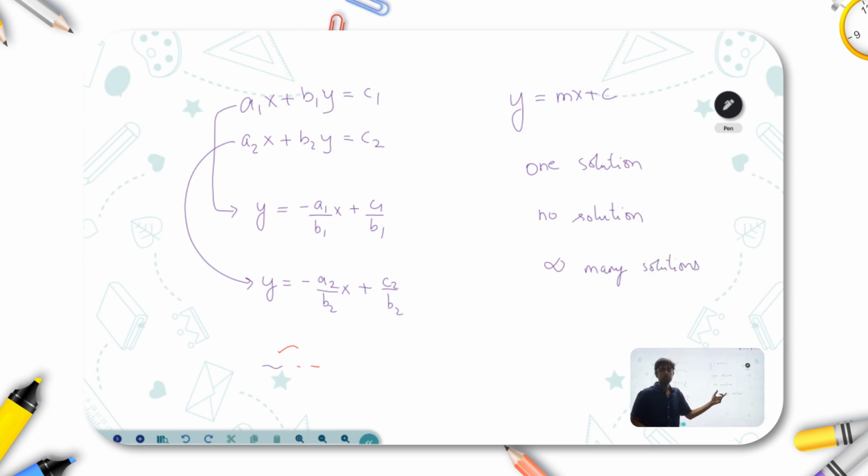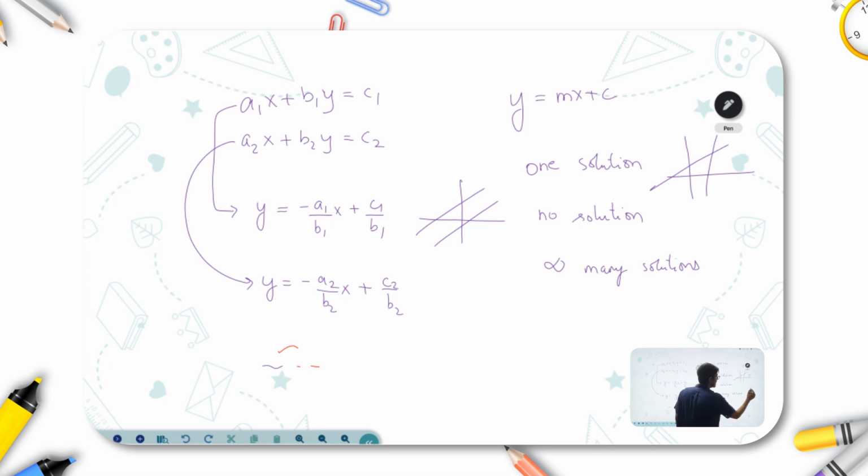For one solution, the two straight lines should intersect only once, which will mean that the lines should not be parallel. For no solution, the two straight lines should be parallel to each other but should not be the same line. And for infinitely many solutions, both the straight lines should essentially be the same line.